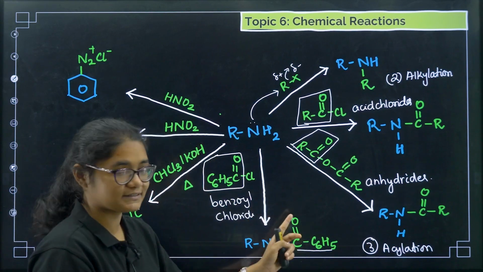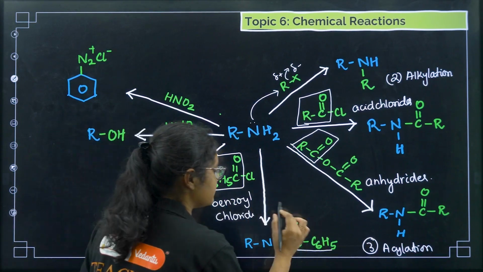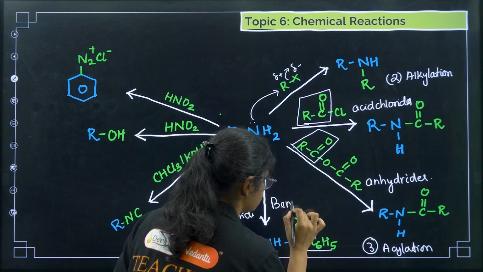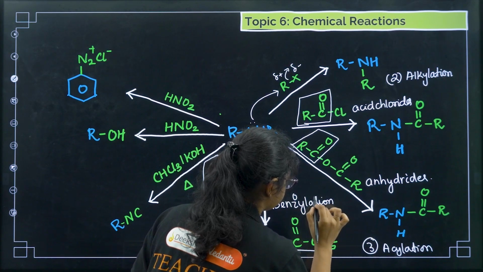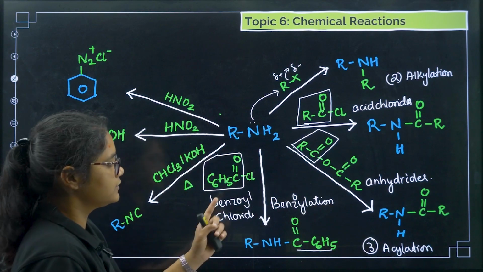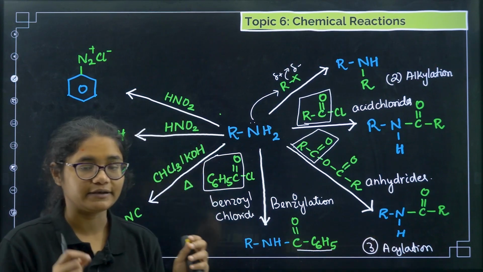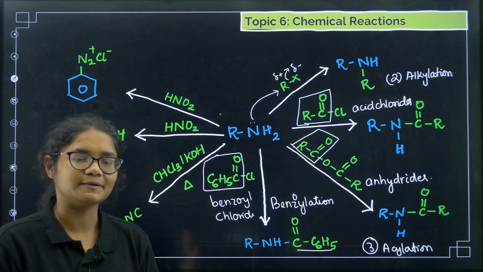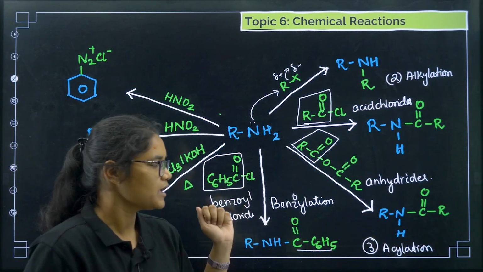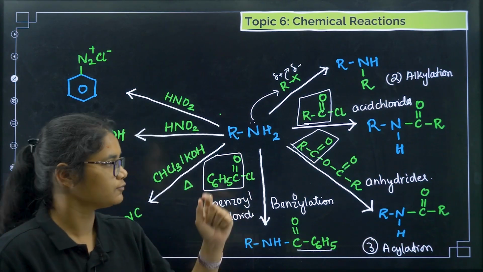Now this is not called acylation because you are adding a benzoyl group. This is called benzoylation. Clear? So this all comes under acylation. You can treat it with acid chlorides or anhydrides, and we have one special reaction, that is your benzoylation. Now the third reaction, so 1, 2, 3.